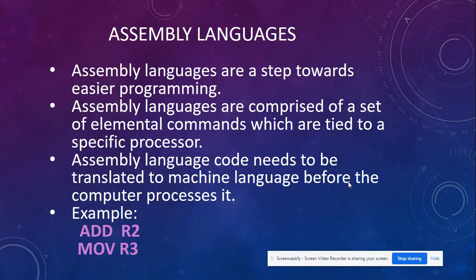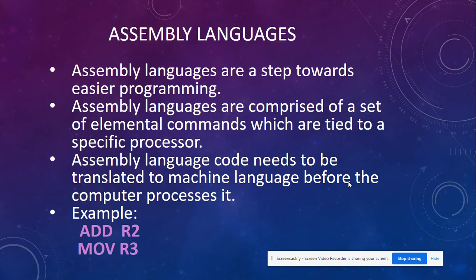All right. The next level up is assembly languages. Assembly languages actually have steps to make programming easier. Assembly languages are comprised of a set of elemental commands, really tiny, simple little commands, which are tied to a specific processor. Assembly language code needs to be translated to a machine language before the computer processes it. And I'll have a schematic here in a minute, some pictures to show you.